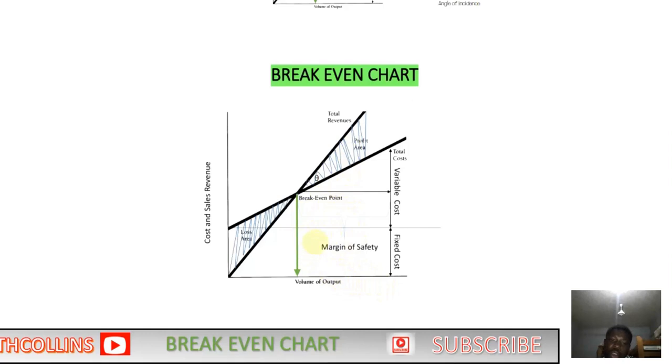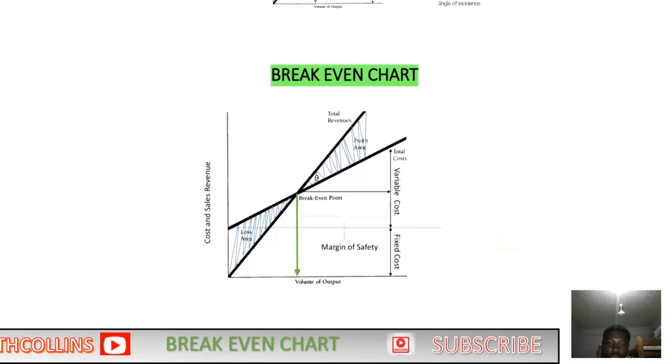If we are selling 60, then our margin of safety will be from here to here, and it's very small. It means our profits will be very tiny, right? If we target 500, that is somewhere here, it means our margin of safety will be bigger, and the bigger the margin of safety, the bigger the profits.